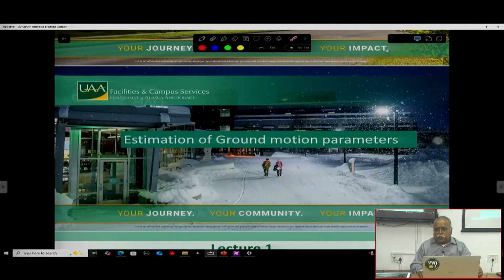This is one of the most important things, because after you record a big earthquake, or a very destructive earthquake, we need to know the different properties of that earthquake, and the different properties of the ground motions that we can find out. So that's the estimation of ground motion parameters.